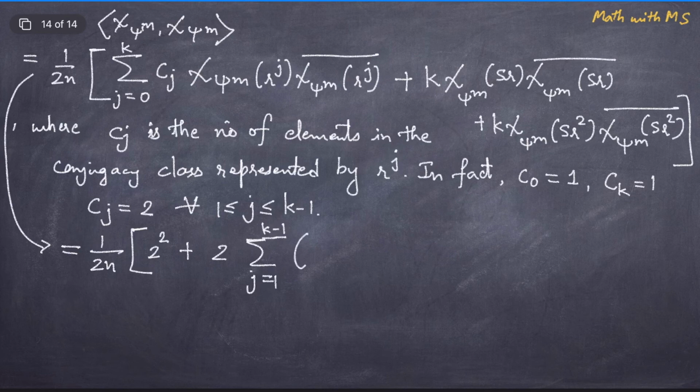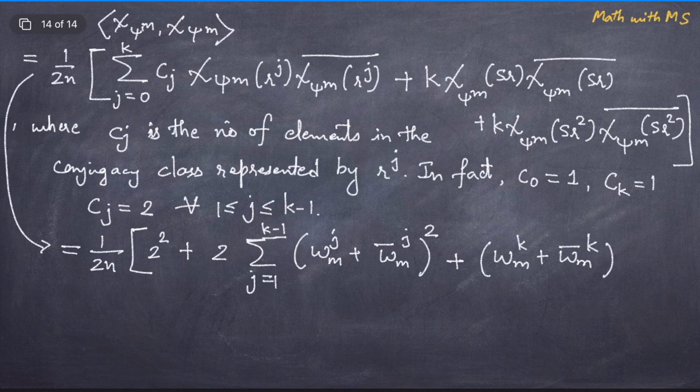We know it is the same as omega m to the power j plus omega m bar to the power j, and its conjugate, but conjugate is the same element, therefore it just becomes square, plus omega m to the power k plus omega m to the power k bar multiplied by its complex conjugate, which is the same, therefore it is just square, plus k times character value at s r multiplied by its conjugate plus k times character value of s r square multiplied by its conjugate, but we know that character value at these group elements is 0, so this does not give anything.